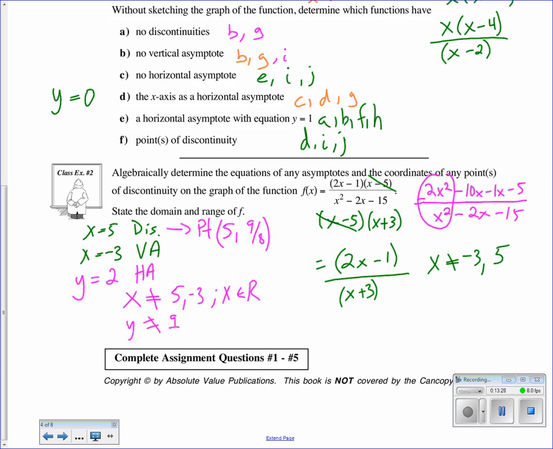Y cannot equal 9 over 8. And y is still an element of the reals. And I'm able to do this without my calculator's graphing capabilities. Remember, y is also not going to be equal to 2. As x gets very, very large, I will not cross over that number.